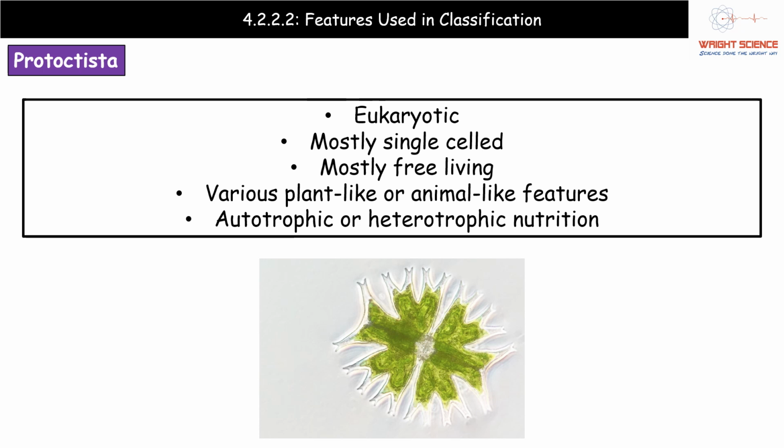So they can be either autotrophic or they can be heterotrophic in their nutrition. So what we ended up with was actually the necessity for this kingdom to take care of the things that didn't really fit in plants, but they also didn't really fit in animals. They needed somewhere else to go. Hence, Protoctista came into existence.